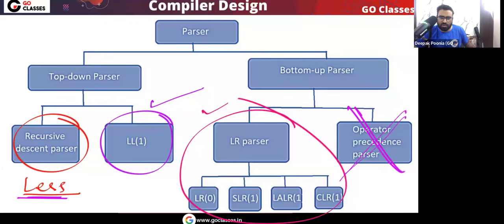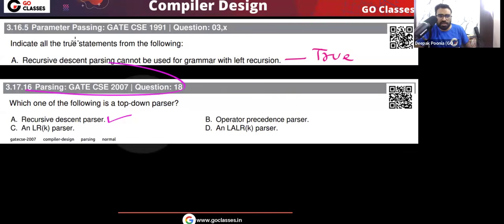Operator precedence parser is not at all important. LL1 parser we have already seen, this is very important, and the LR parser, this bottom-up parser, is also important. So for this GATE 2007 question, which of the following is a top-down parser, the answer will be recursive descent parser. That's it.